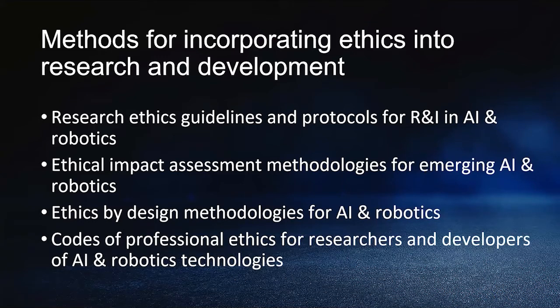So for research and development of AI, and that's of course a very important aspect where ethics comes in, you do need, first of all, research ethics guidelines and protocols for research and innovation in AI and robotics. What we've seen in recent years is that ethics guidelines for AI have been developed, but these are not really research ethics guidelines.